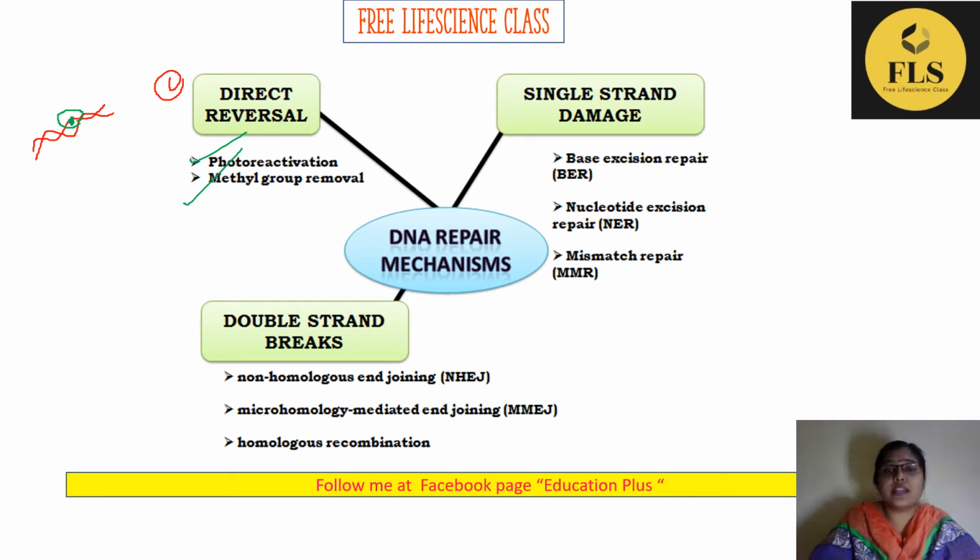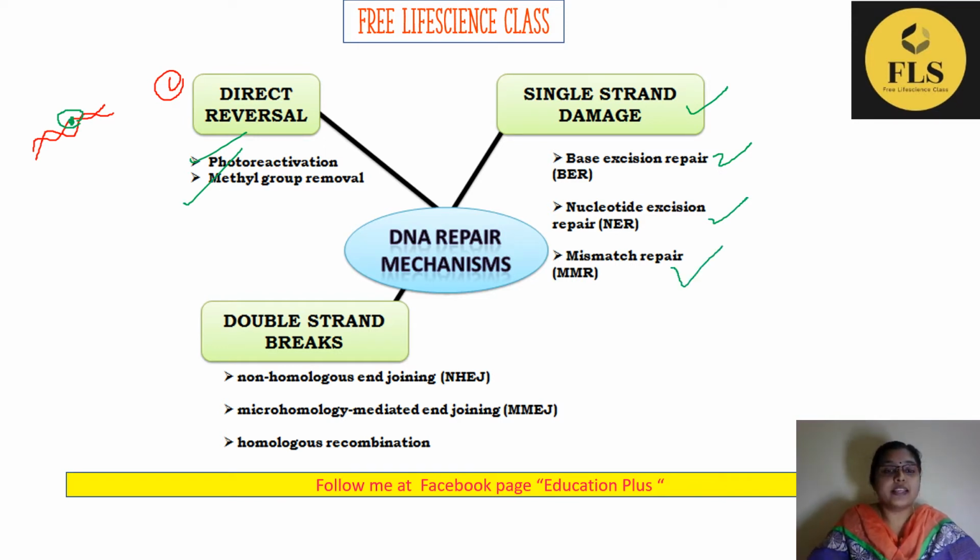The next classification is damage happening to a single strand, that is single strand damage. This is again classified into three: base excision repair mechanism, nucleotide excision repair mechanism, and mismatch repair mechanism.